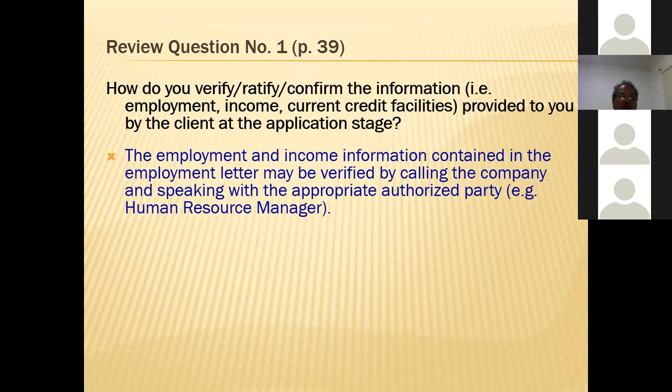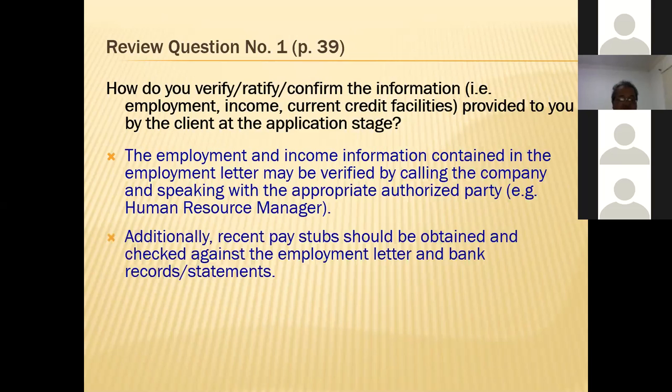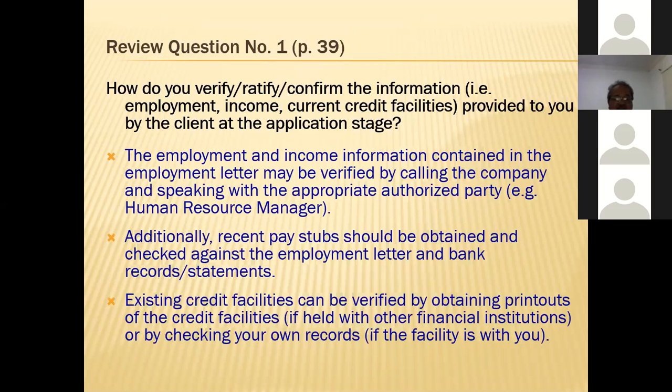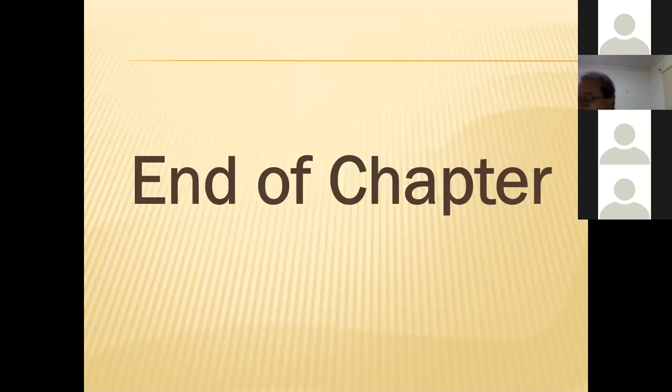Employment and income information contained in the employment letter may be verified by calling the company. Additionally, recent pay stubs should be obtained and checked against the employment letter and bank statements. Existing credit facilities can be verified by obtaining printouts. So I will send that in the PowerPoint presentation.